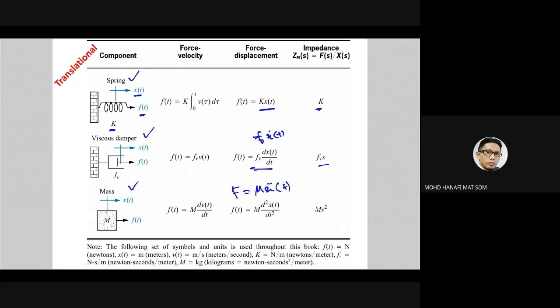The impedance is Ms squared. So you need to memorize, or familiarize yourself with, these components in order for us to do the translational analysis of these mechanical components.